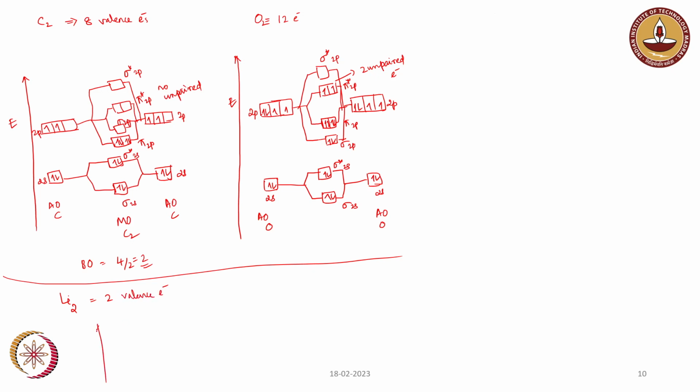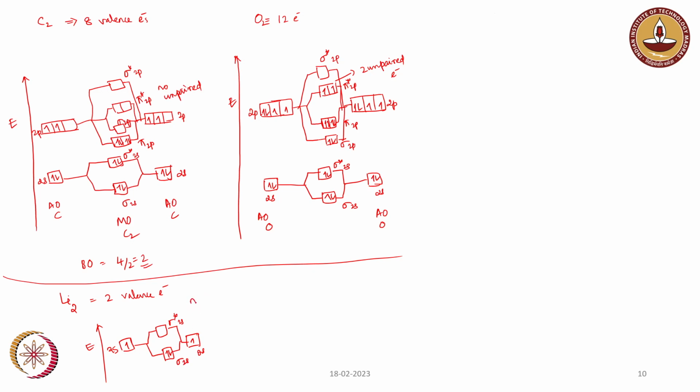So 2 of the electrons are occupying the sigma 2s molecular orbital.